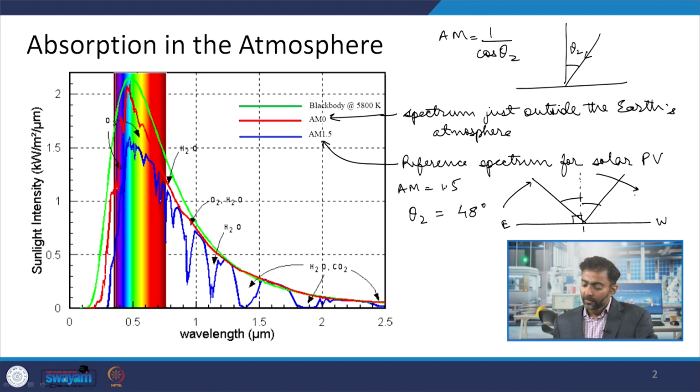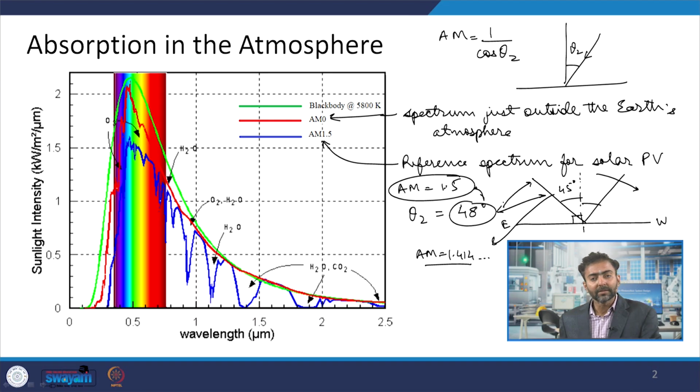So that minus 90 to 0 to 90 is the daily variation of the zenith angle, or theta z. If I were to take a reference spectrum, the most common sense choice would be to take a zenith angle somewhere in between the 0 to 90 degree range. If I take theta z as precisely 45 degrees, that would correspond to an air mass value of 1.414 and a few more decimal places, which is very close to the value 1.5, but this does not seem that elegant, whereas AM 1.5 seems quite simple and elegant, and the zenith angle to which AM 1.5 corresponds is also very close to the mid value of 45 degrees.